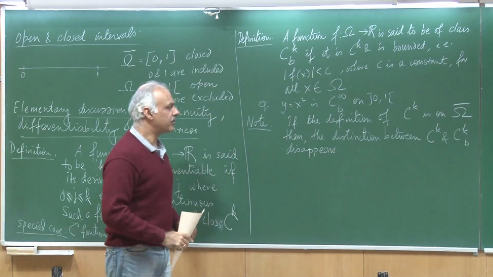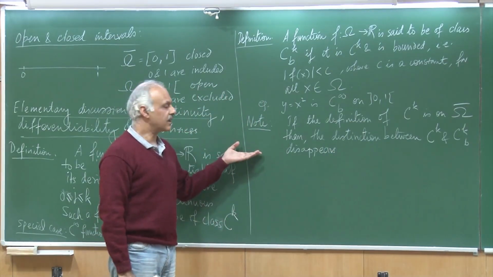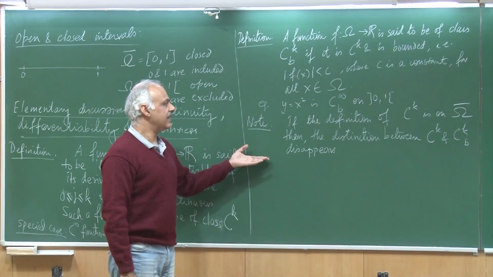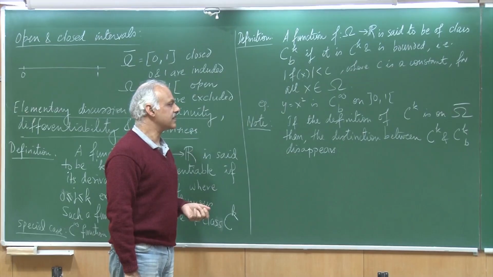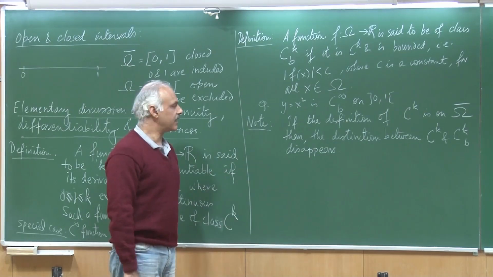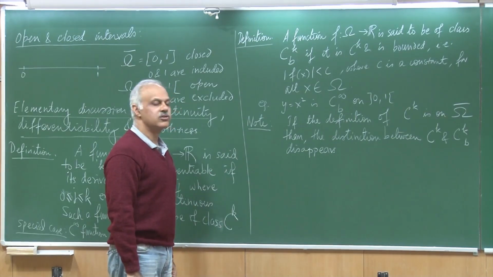Okay, so normally we talk about a closed interval, and then if you have a continuous function and k derivatives also being continuous, then it turns out that you can say it is also bounded.